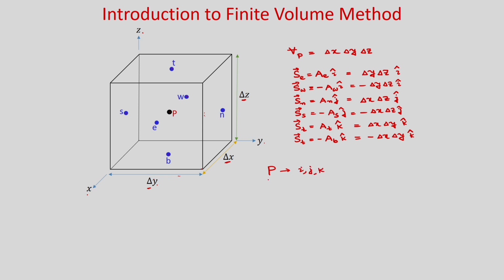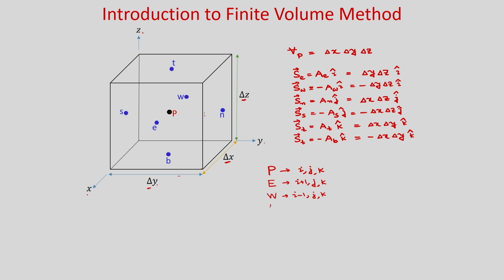Similarly east will be i plus 1, j, k, and west will be i minus 1, j, k. So these are the indices. The east cell is just the front side, that is your neighbor cell, and W is the neighbor cell on the west side. So how many neighbors will be there? For this 3-dimensional case, there will be 6 neighbors, because 6 faces are there, so 6 neighbors will be there.